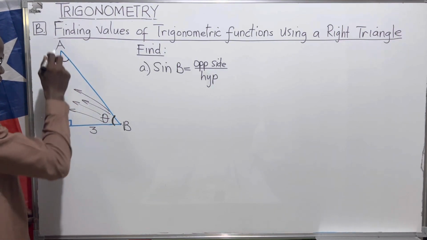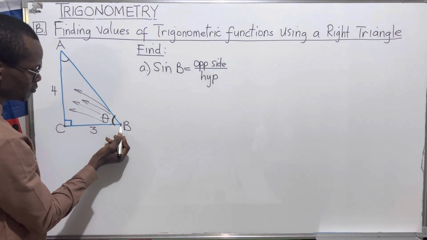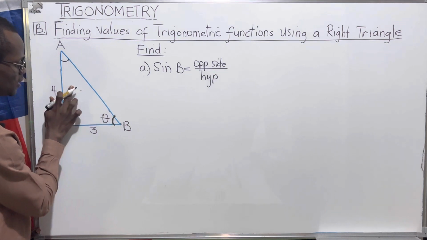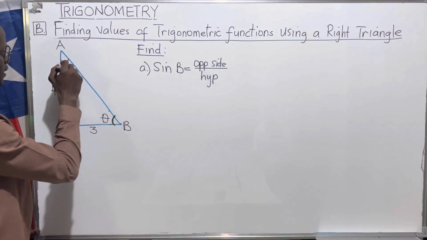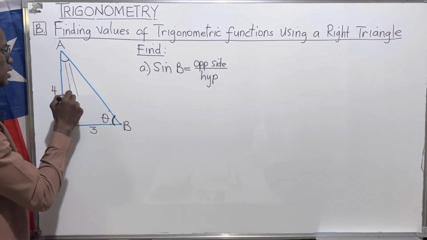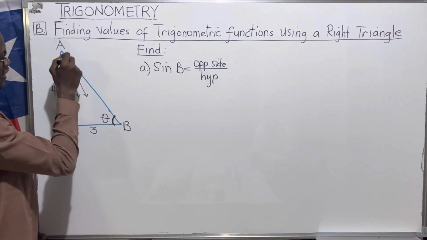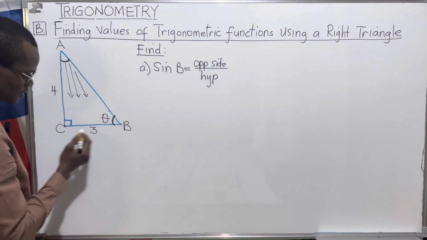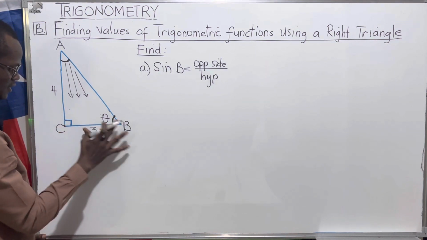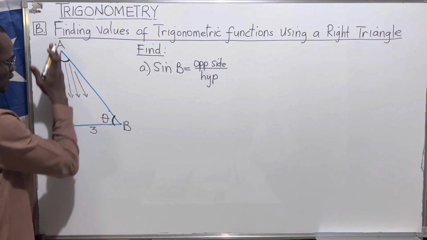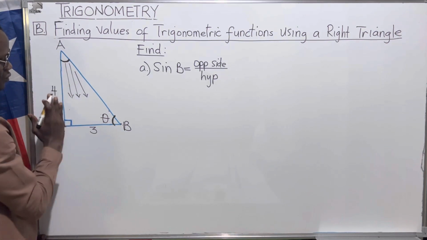So this is considered the opposite side to angle B. If you left angle B and went to angle A, we would know that the opposite side to angle A is 3, this side, because this side is directly facing this angle.